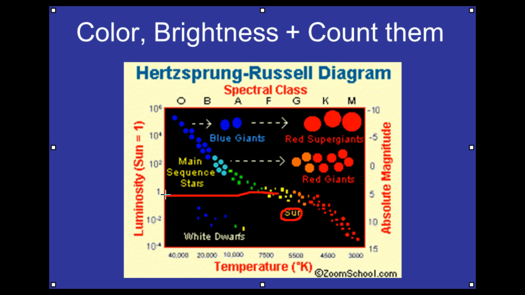This diagram also gives us a basic idea of the relative size of each star. You can see now that each of these circles represents the size of a star. So you have some very small ones, you have some medium-sized ones here, and then in the upper right you have some very large ones.